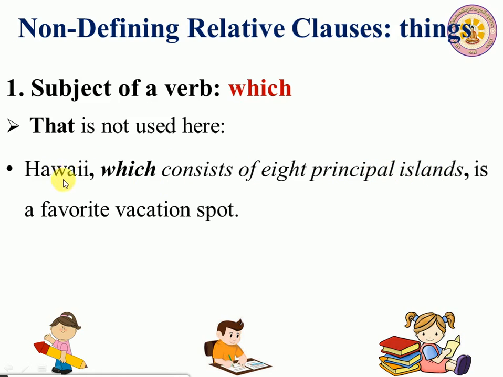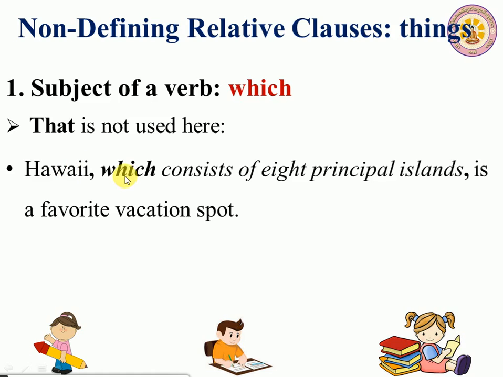A relative clause here adds meaning to the specific name; we call it a non-defining relative clause. Because it is not important, although we do not use a relative clause here, it is still understood because Hawaii is a specific name, already known. So we can erase the non-defining relative clause here. We can omit it, but we use it just to add more meaning.